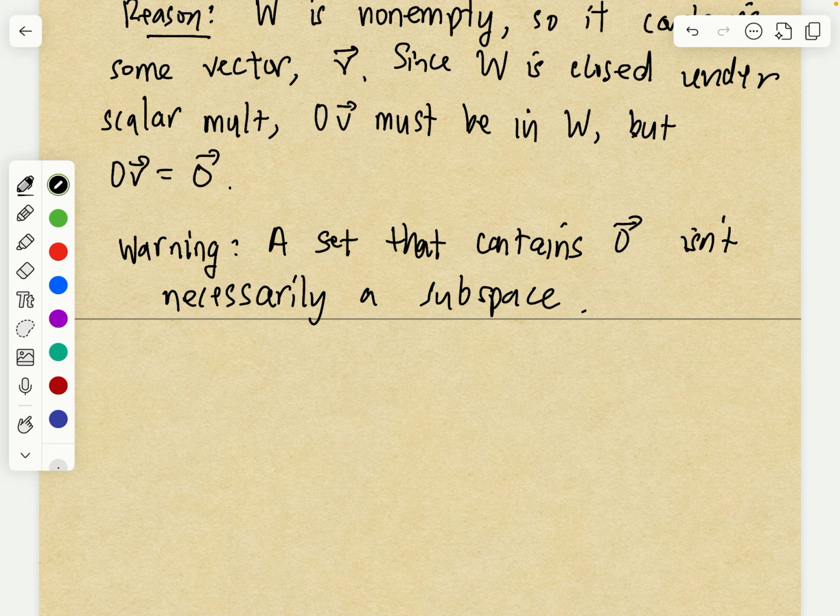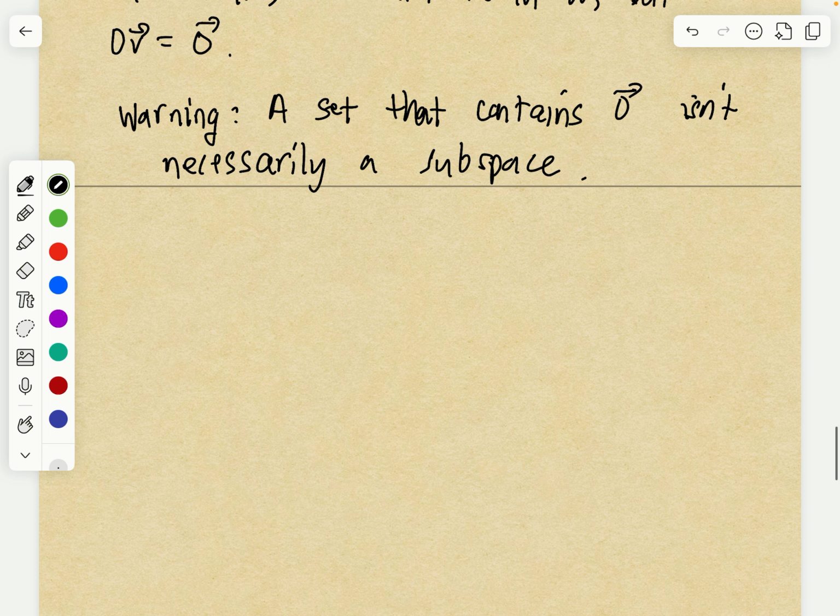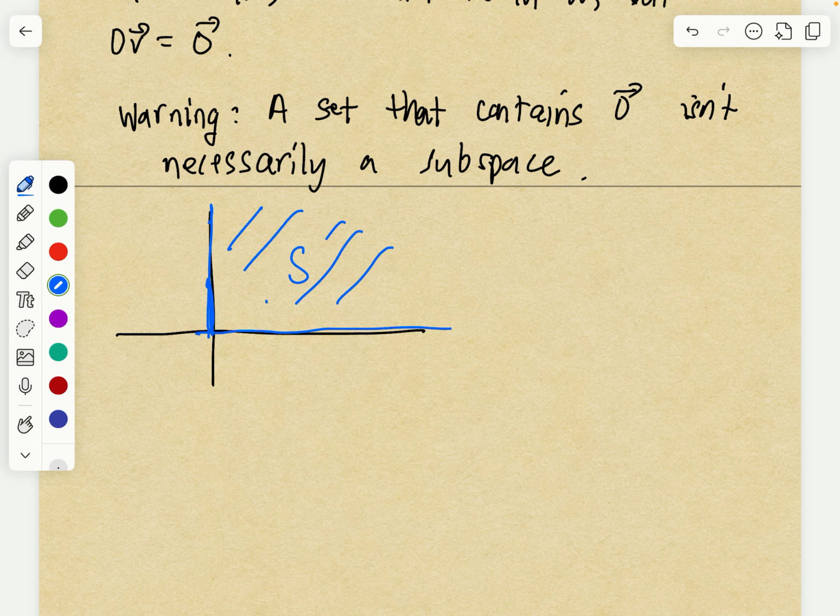We actually saw examples of that if you look at the videos on closure under addition and scalar multiplication. If you took, for instance, this set S, which consists of all x and y such that x and y are both greater than or equal to 0.